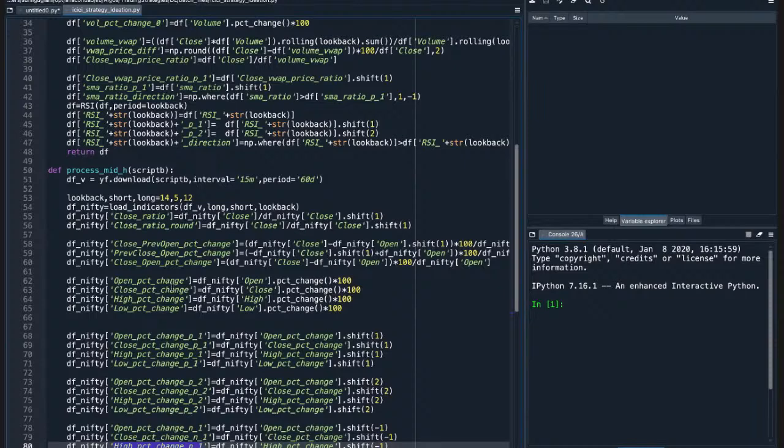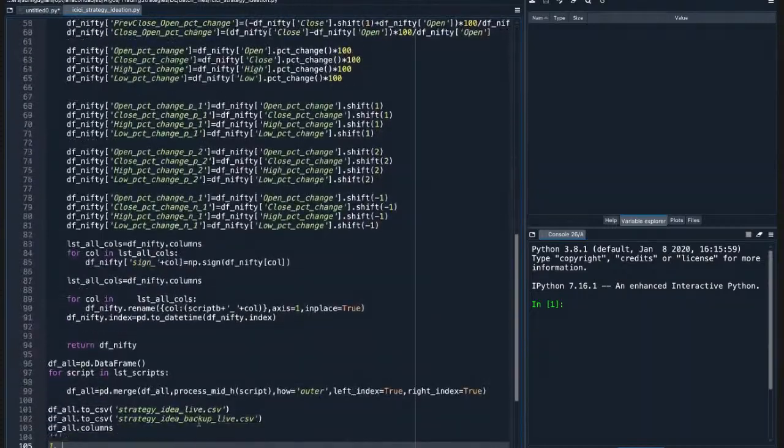I have defined a few more columns here, like open percentage change P1, where P1 means the open percentage change of the previous candle, P2 means the open percentage change of the second previous candle, and open percentage change N1 is the future candle. So this is how I define the functions here.